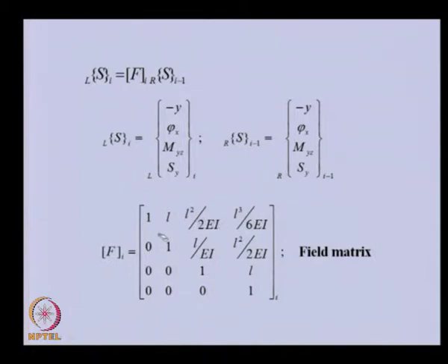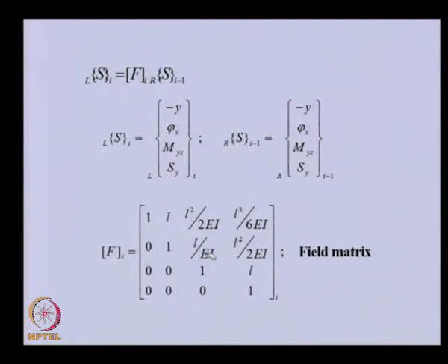If you look at the shear force relation, shear force is at the end, and here these field variables are getting multiplied with 0. So, we will have shear force at the left of I equal to shear force at the right of I minus 1. Similarly, this is for bending moment, this is for angular displacement, and this is for linear displacement.